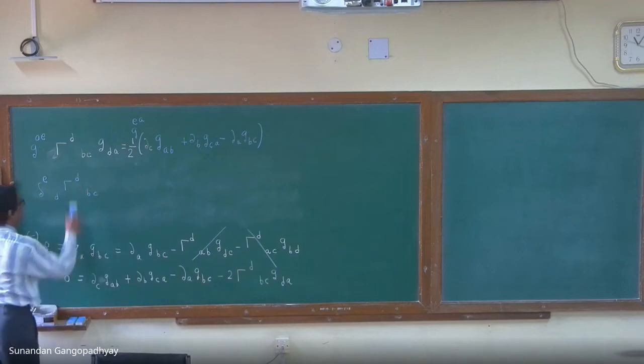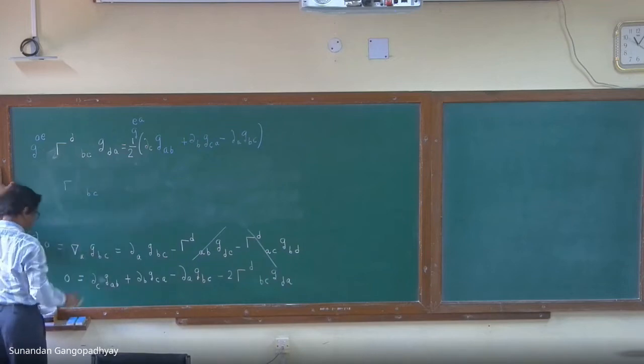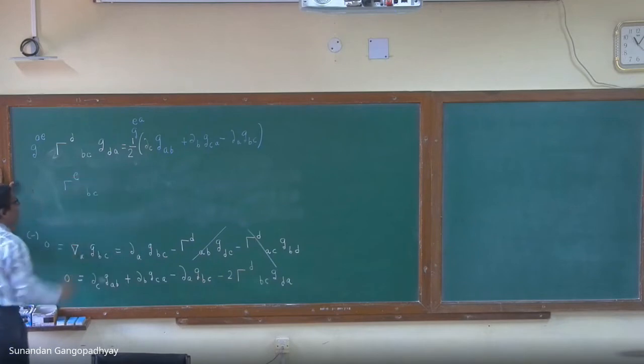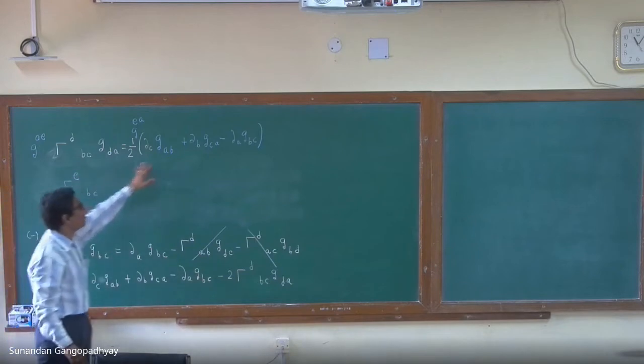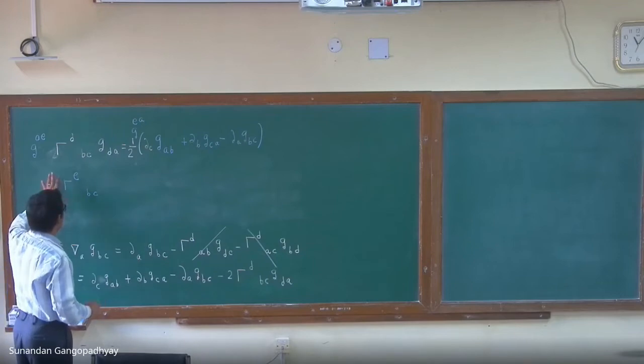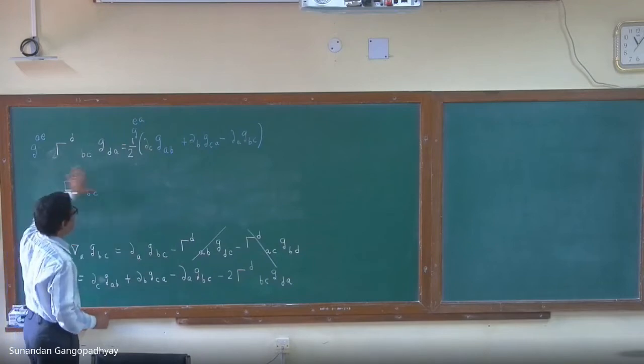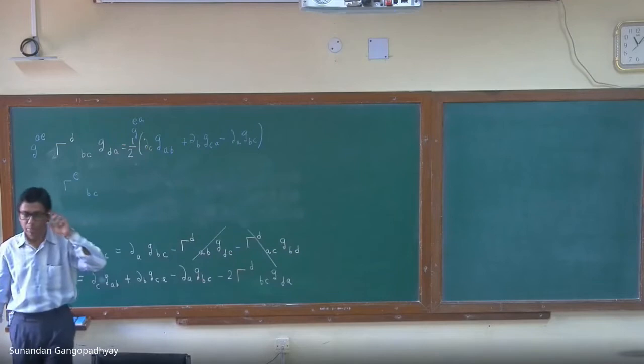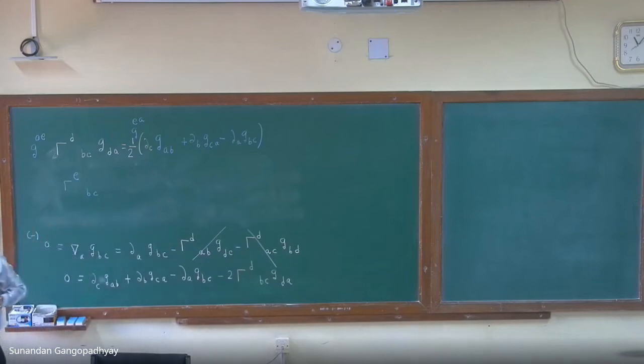Therefore, we can replace this by E, so gamma E BC is equal to this expression. What we can see is that if you demand the metric compatibility relation, it basically gives us the relation between gamma and the metric tensor, the connection and the metric tensor. So this is something very important.